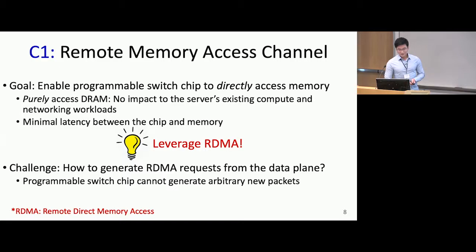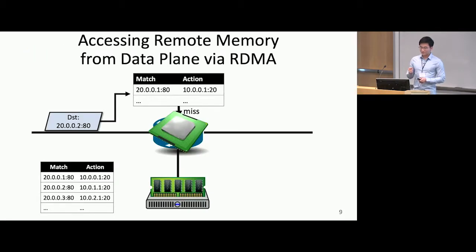A key challenge here is generating RDMA requests from the data plane, because a programmable switching chip cannot generate arbitrary new packets. So how can you solve this? Since the data plane cannot generate arbitrary new packets, we decided to reuse incoming packets that triggered remote memory access.